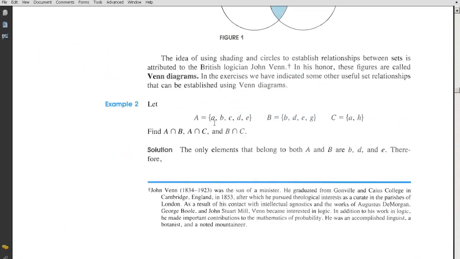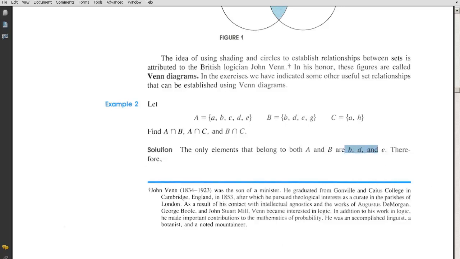So if we have a set A and another set B and another set C, we can ask to find the intersection of A and B, of A and C, and B and C. So it's the intersection of A and B. They both have a B, they both have a D, they both have an E. So I think it's B, D, E. Okay?